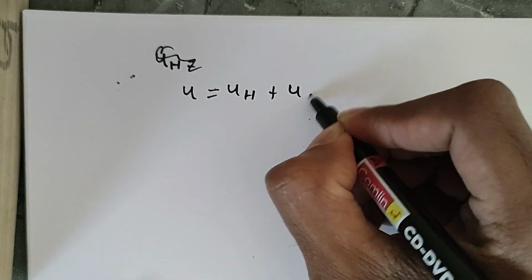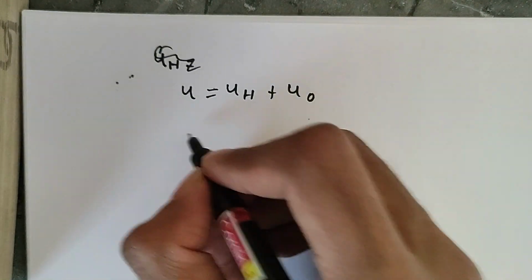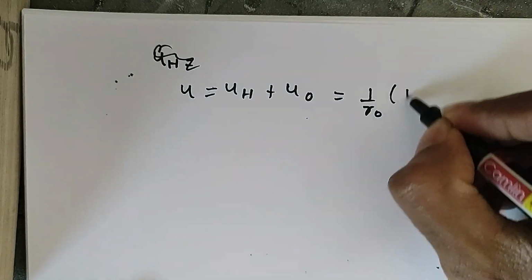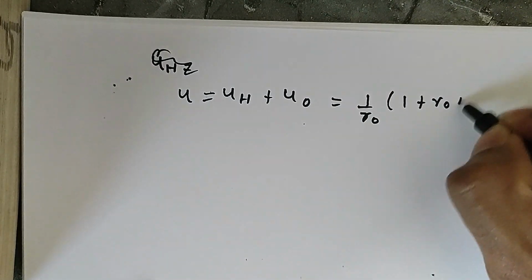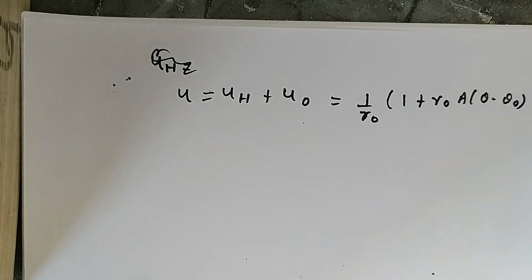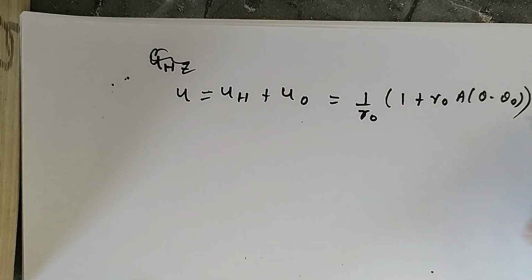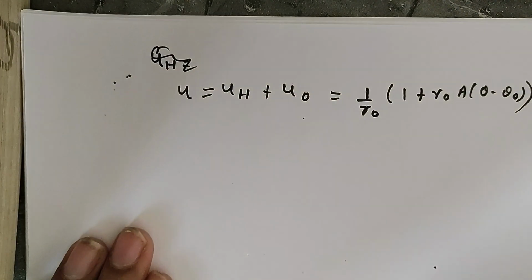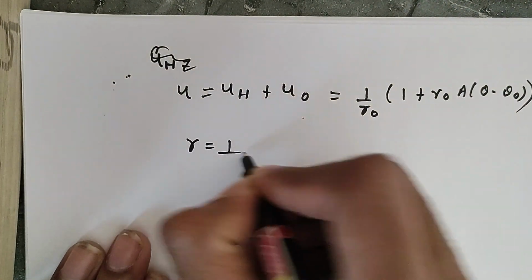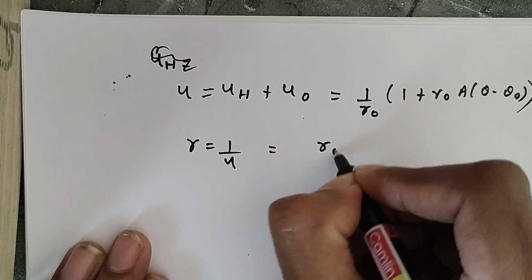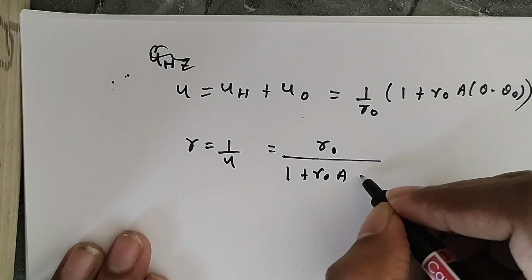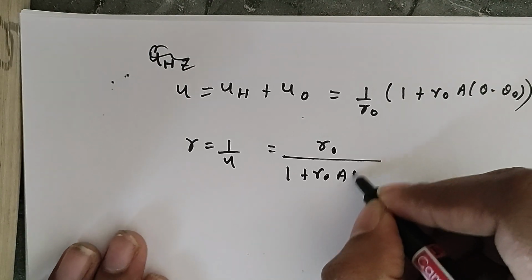Homogeneous and inhomogeneous parts. So what we get is 1 upon r naught, 1 plus r naught A cos(theta minus theta naught). Now you can see we are getting to that equation. Just rearranging it.